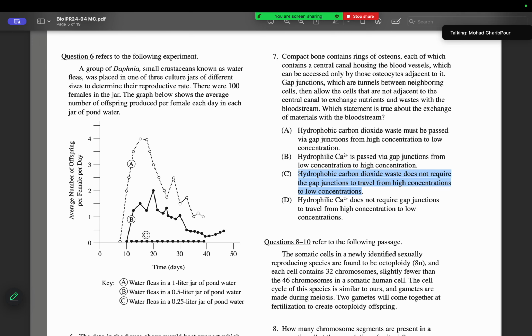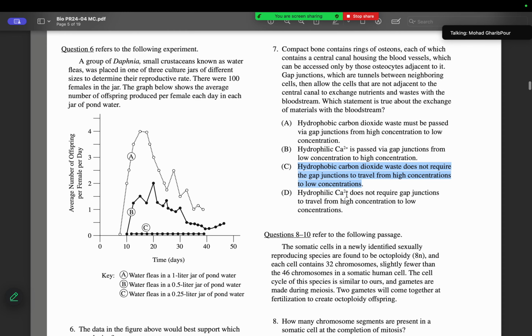This is true. And then hydrophilic calcium does not require gap junctions. So calcium certainly does require some kind of channel to move through, because it cannot pass the membrane bilayer. So this is not correct. So answer here is C.